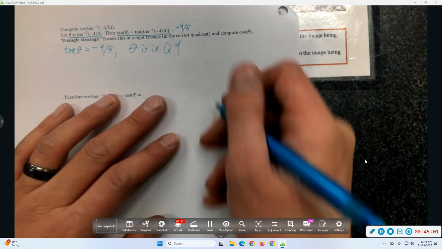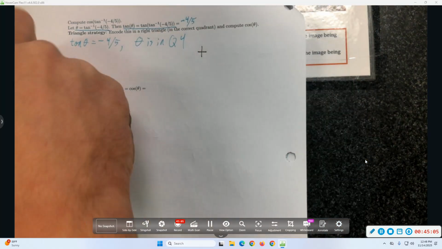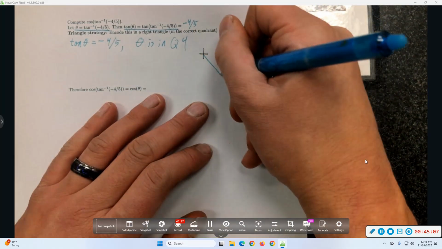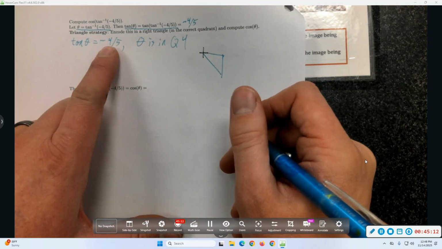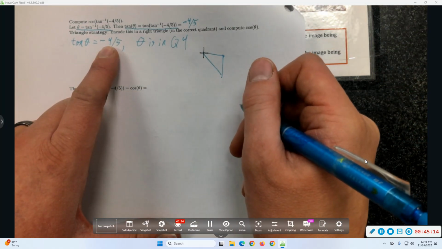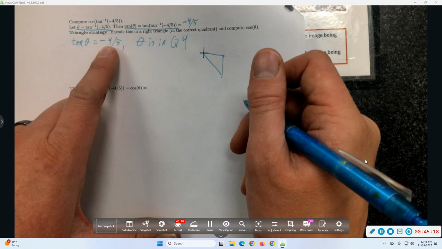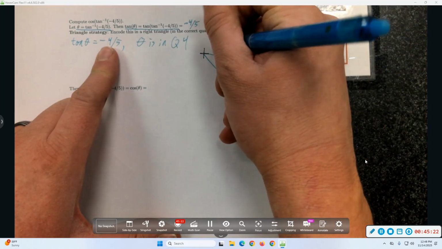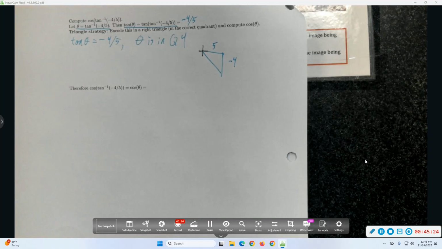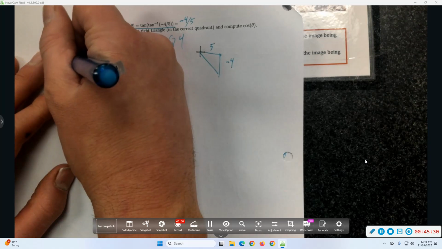And now, let's draw a triangle. I'll start with my coordinate axes. I want to draw this thing in quadrant 4. And tangent is negative 4 over 5, so that's opposite over adjacent. So I guess the opposite's the one that's got to be negative? And I want to compute cosine of theta.